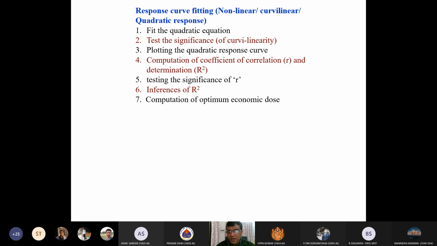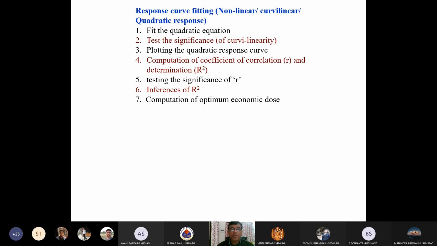Now, what we are going to learn today: fit the quadratic equation. We will take one example of data where you will have two variables x and y, and from the data we will fit the quadratic equation. Number two, we will test that equation for curvilinearity, whether this equation is genuinely a quadratic or curvilinear equation.